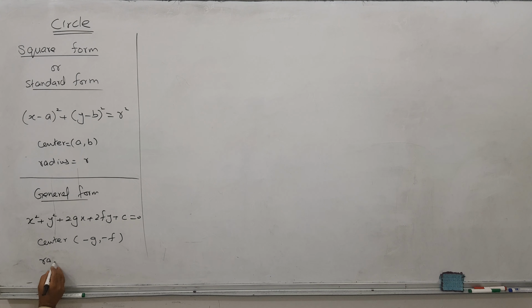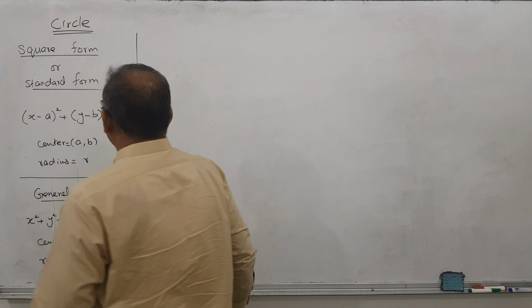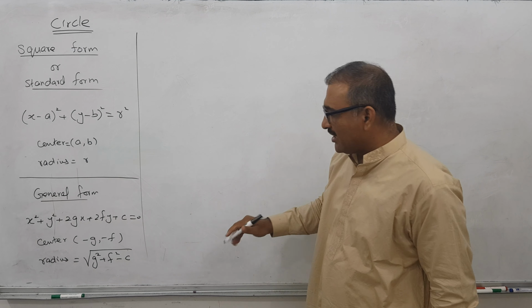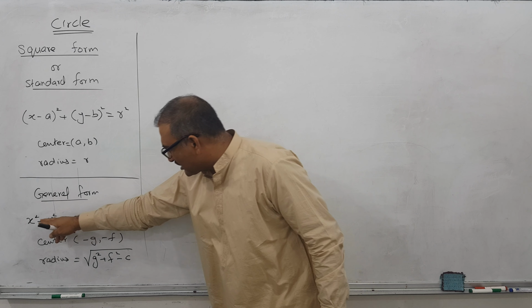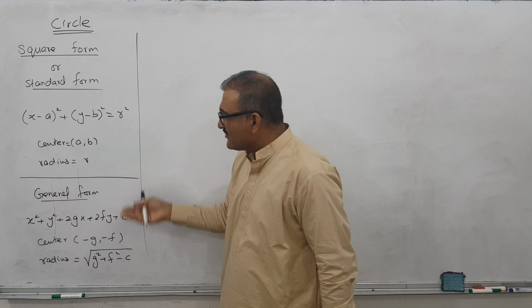And the radius formula here is the root of g square plus f square minus c. I repeat again, this is a formula. If you don't want a specific form, you don't convert this to that, so we can find it directly.